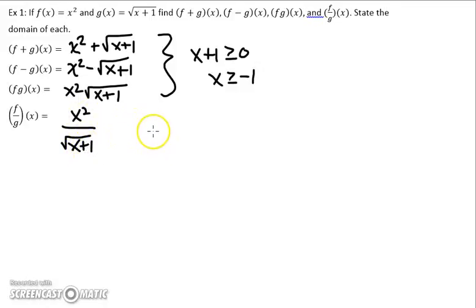So for the fourth one, we want x plus 1 not greater than or equal to, but just greater than 0. Because if we get a 0 in the denominator, that's a problem, whereas 0 up here is not an issue because we can multiply by 0 and that's fine. So for the last one, we need to say x is greater than negative 1.